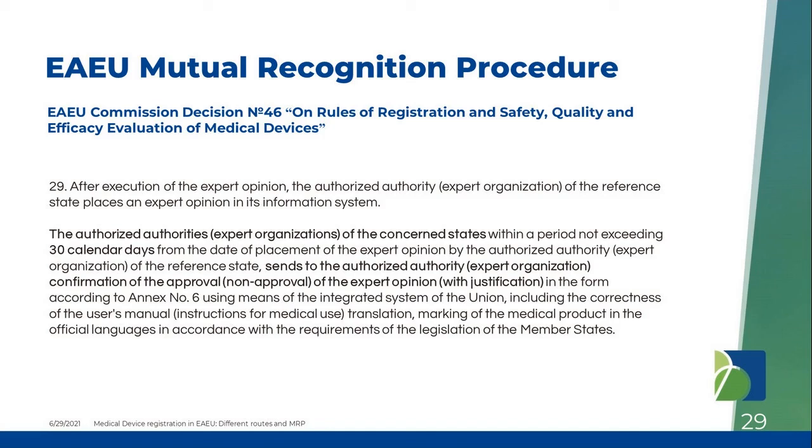After the expert opinion is available, the authorized authority of the reference state places it in its information system, as I said before. And yes, they have 30 calendar days to provide their opinion. I'm talking about the concerned state authorities. And if they haven't provided the expert opinion, it's recognized as agreement.